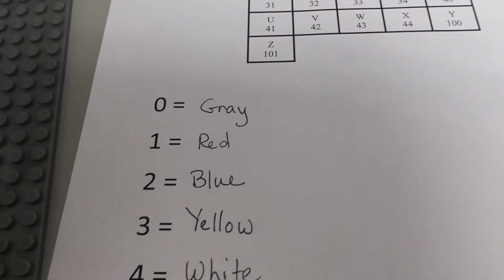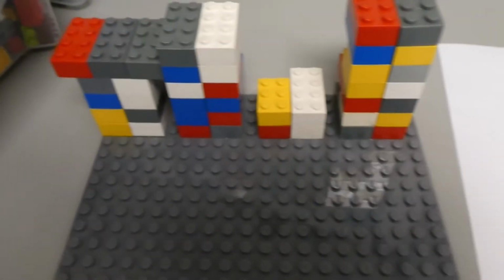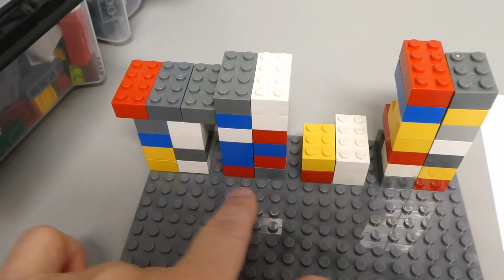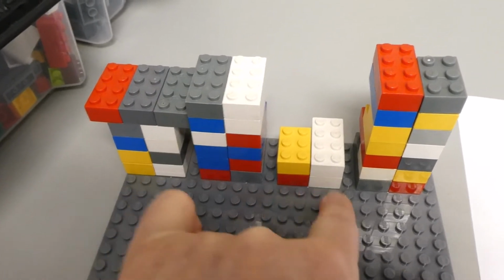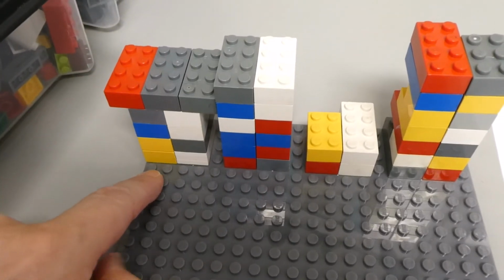But I made 0 is gray, 1 is red, 2 is blue, 3 is yellow, 4 is white. And each level of these buildings is a letter, and each building is a word. And I start at the bottom and go up.